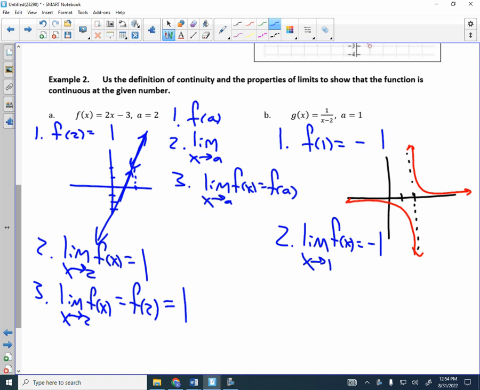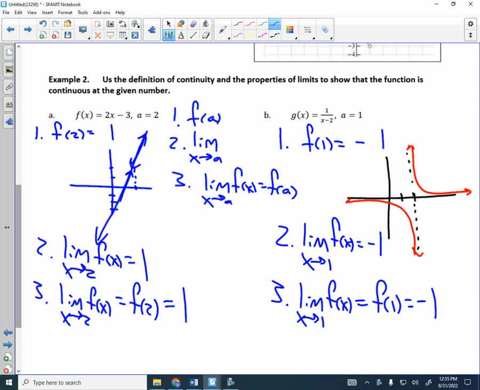Are those the same? Is negative 1 the same as negative 1? Yes. So therefore, the limit as x goes to 1 of the function is equal to the function value, which is negative 1. So we've determined continuity. Yes.